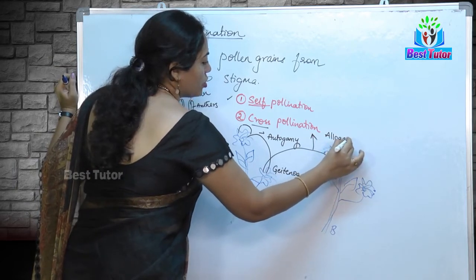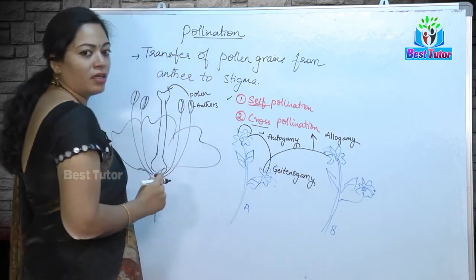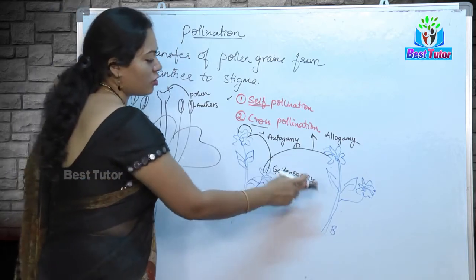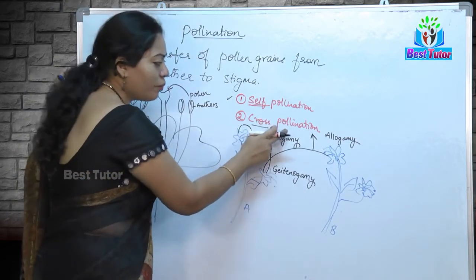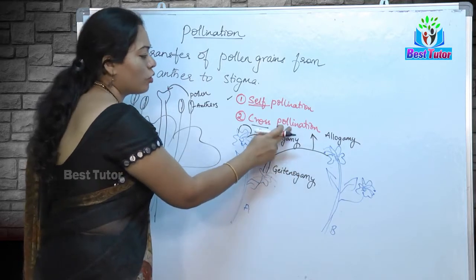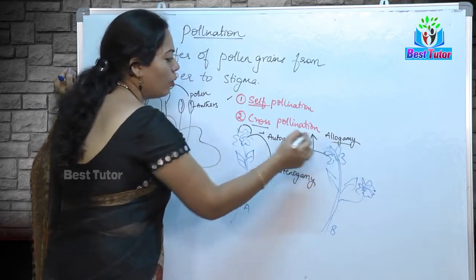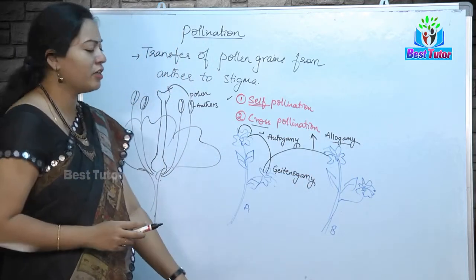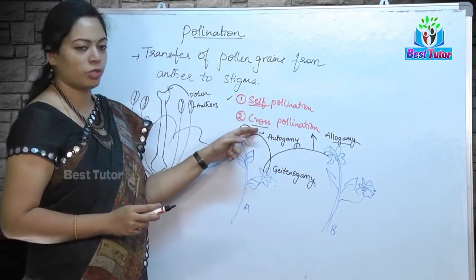Allo means two different plants. The flowers which are present on two different plants undergoing pollination is known as cross-pollination or allogamy. So we have seen the basic difference between self-pollination and cross-pollination.